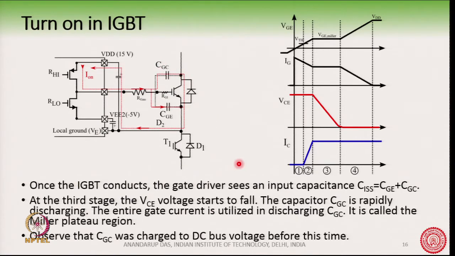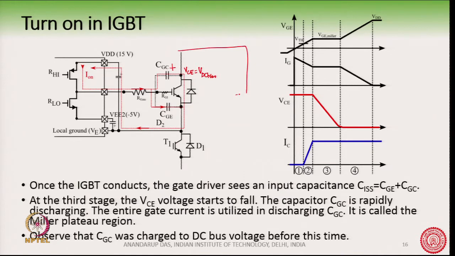You can see what was happening before this stage: this capacitor here is charged to VCE, which is equal to VDC bus.